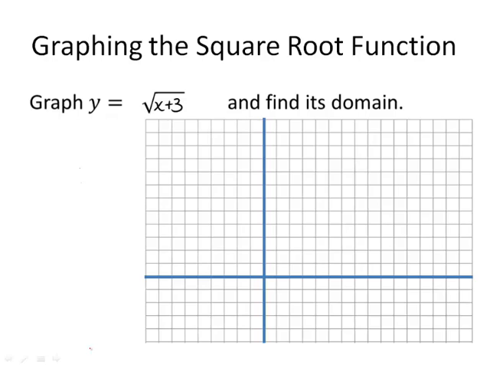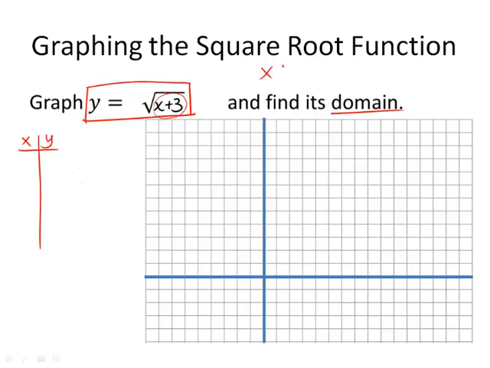Let's take a look at another example here. We've got y equals the square root of x plus 3, and they also want us to find its domain. So the domain is actually just what numbers are possible for x and what numbers aren't. So what numbers are possible for x? Well, we know that under the root we cannot have a negative.